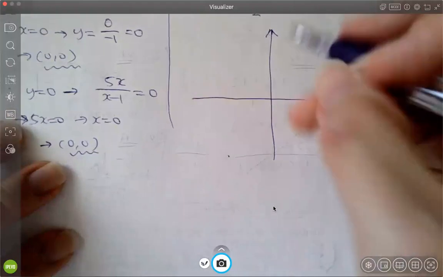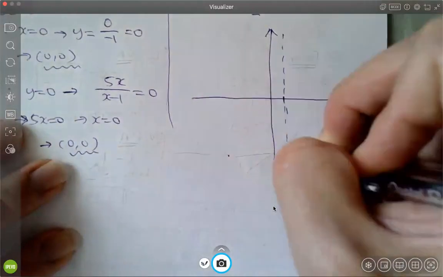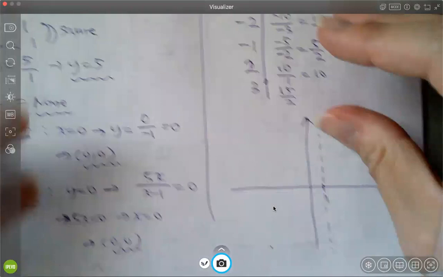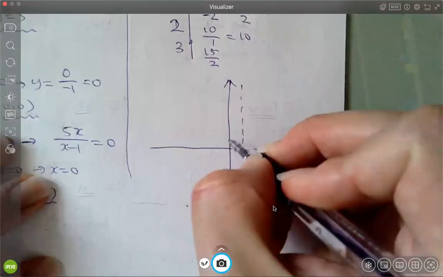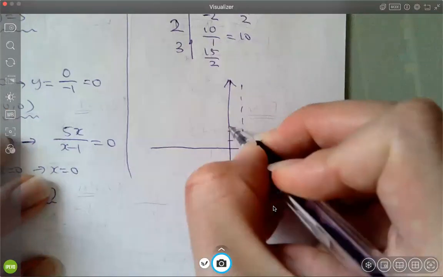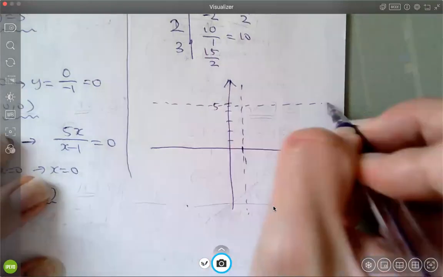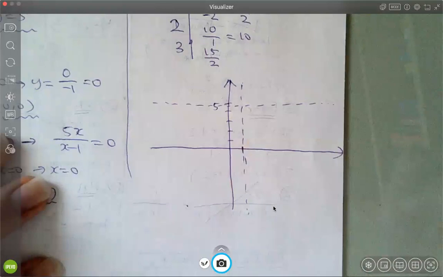Maybe somewhere here, right? Okay, and now it has a horizontal asymptote at y equals 5. So what does that mean? So 1, 2, 3, 4, 5. So that is the horizontal asymptote, right? Which means what? The graph will start to resemble a horizontal line, right?